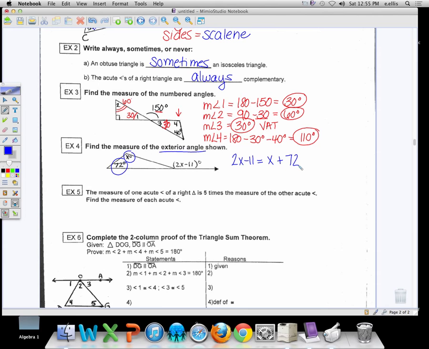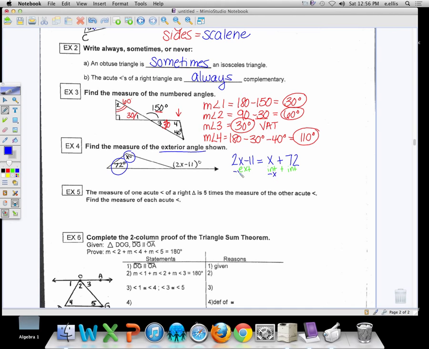So I've got an x plus 72. Those are our two interior parts, okay? Exterior, again, let me underline here. Exterior equals the two interior added together.